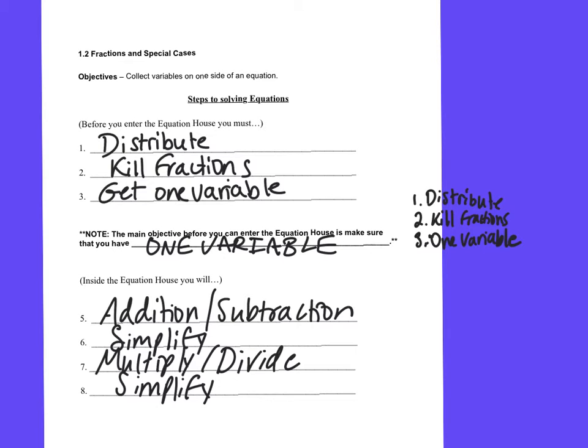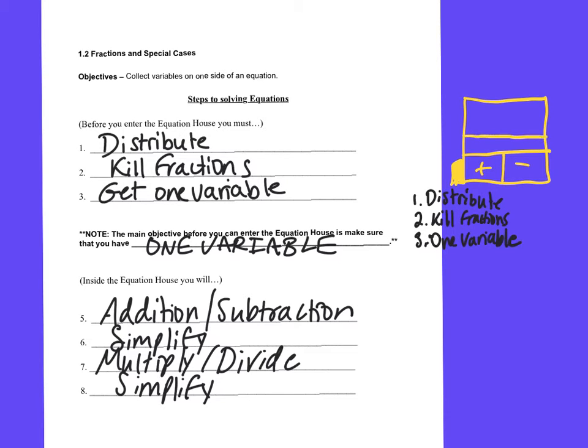Then we multiply and divide, and then we simplify again. So let me show you what this house looks like. We've got our keys here to get in. Here's the door. Once we get into that little door, I'm not an artist, as you can tell, we've got our addition or subtraction.